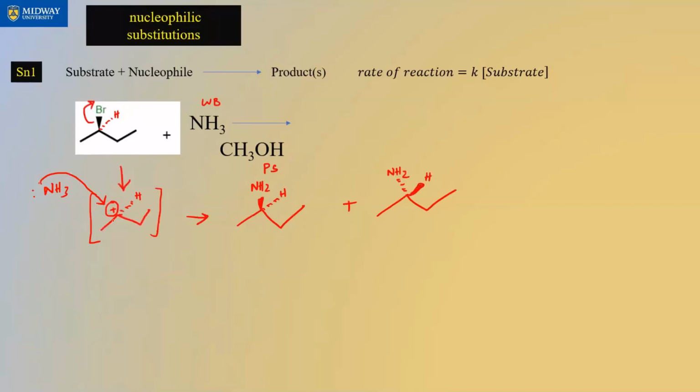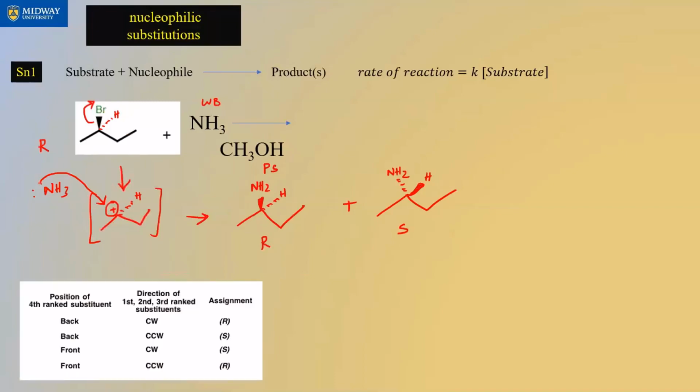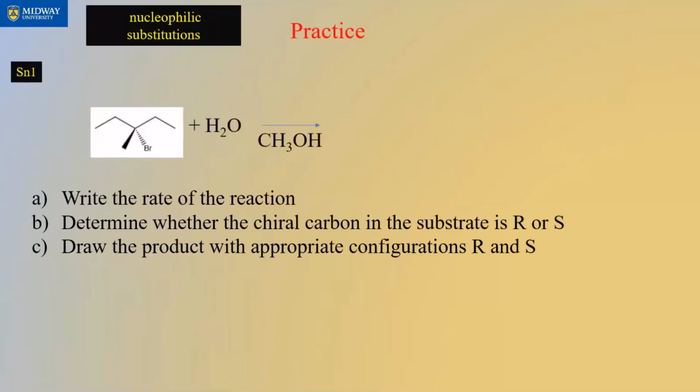This we already said is R, so this will also be R, and this will be S. And the rate will be k times the same thing, C4H9Br, or you can write it as the structure itself. Very good. So that's SN1, and I have a practice problem for you. I want you to solve these, and I'll see you back with nucleophilic eliminations, which is a newer topic.